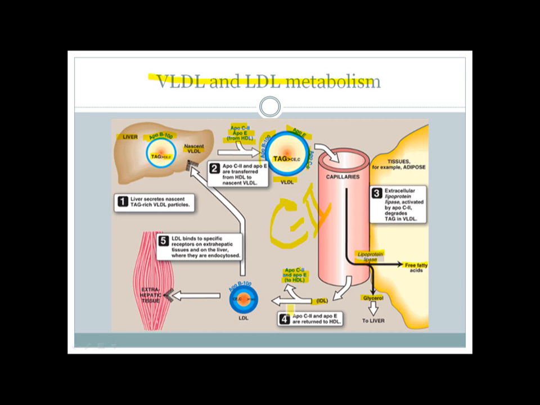Now the IDL is converted to another important molecule called LDL, which is only left with some ApoB100. It also has a decreased level of triacylglycerol, so it has a higher amount of cholesterol ester and cholesterol, because the triacylglycerol has already been broken down by lipoprotein lipase in the tissue spaces.